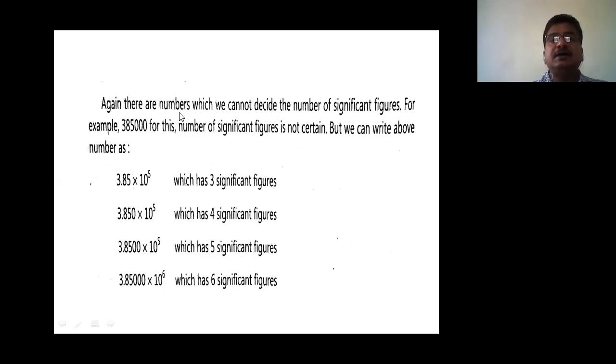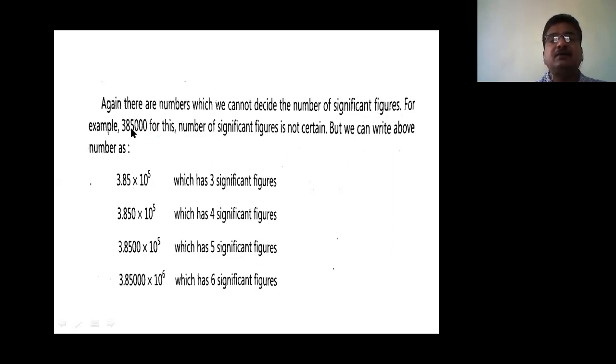So there are some numbers in which we cannot decide the significant figures. For example, some numbers we cannot write the significant figures for that number. So this number 3.853.0. Okay, so we can write this number as 3.85 into 10 raised to 5.